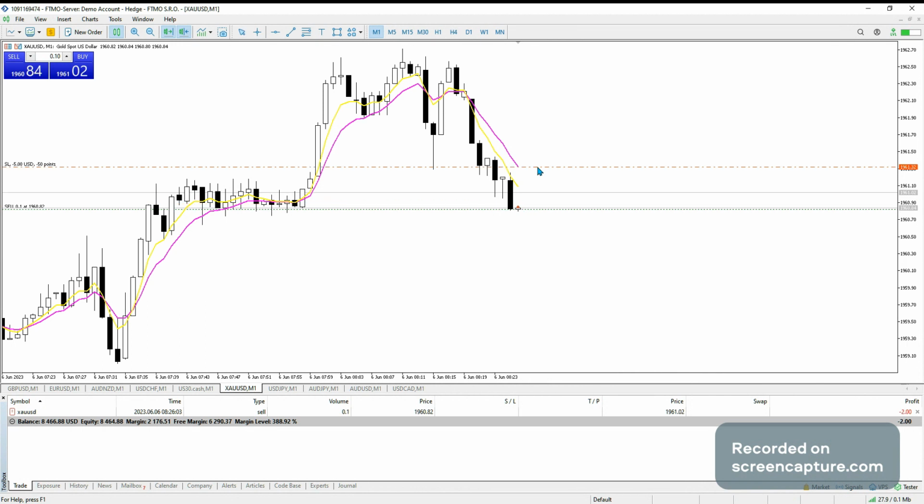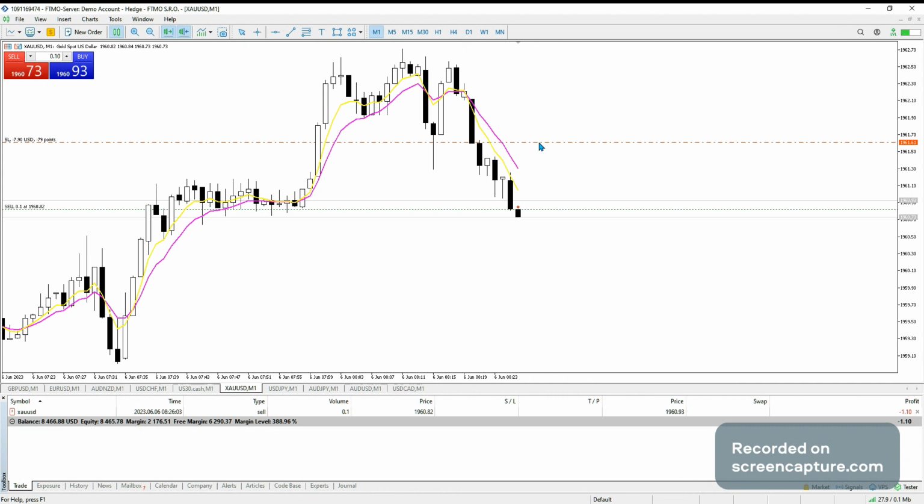Okay, we have to give it some space. Okay, let's see what will happen. Okay, so right now this is a reversal bearish candle. Okay, and this is a bearish candle.